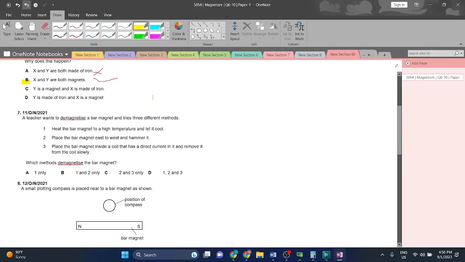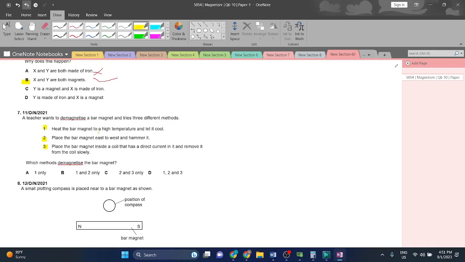Moving ahead, question 7. A teacher wants to demagnetize a bar magnet and tries three different methods. Heat the bar magnet to a high temperature and let it cool. This could be the answer because heating the magnet to a high temperature and letting it cool can disrupt the alignment of the magnetic domains within the magnet.